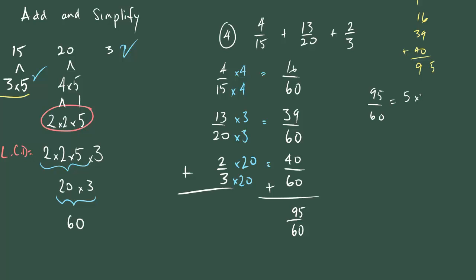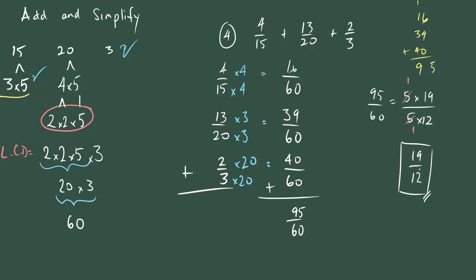After you do your division, you find out that that's 5 times 19, and this 60 could be 5 times 12. Recall that you can simplify in any way you like. So now I can cancel those 5s out, and I'm left with 1 and 1 there. Therefore 1 times 19 should be 19, and 1 times 12 should be 12. Therefore your final answer should be 19 over 12.